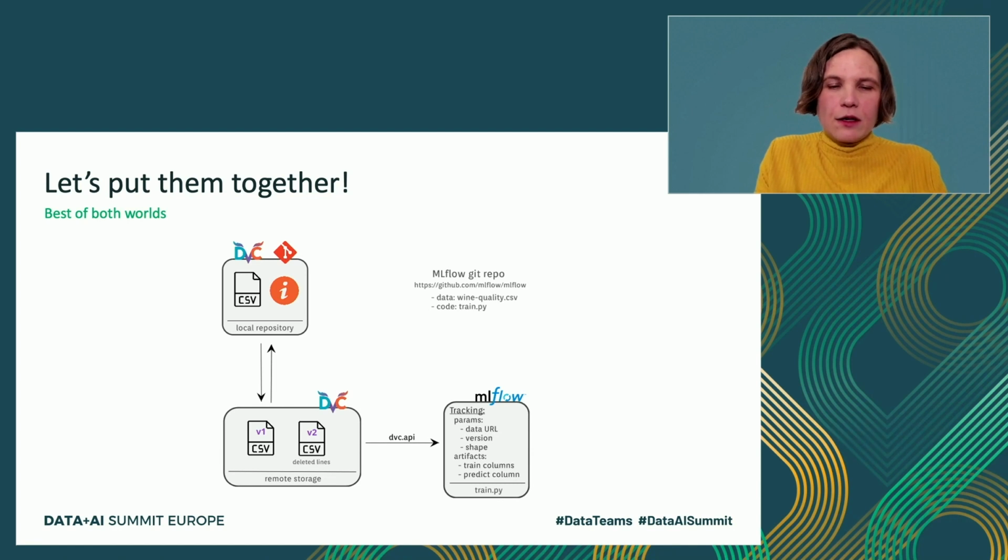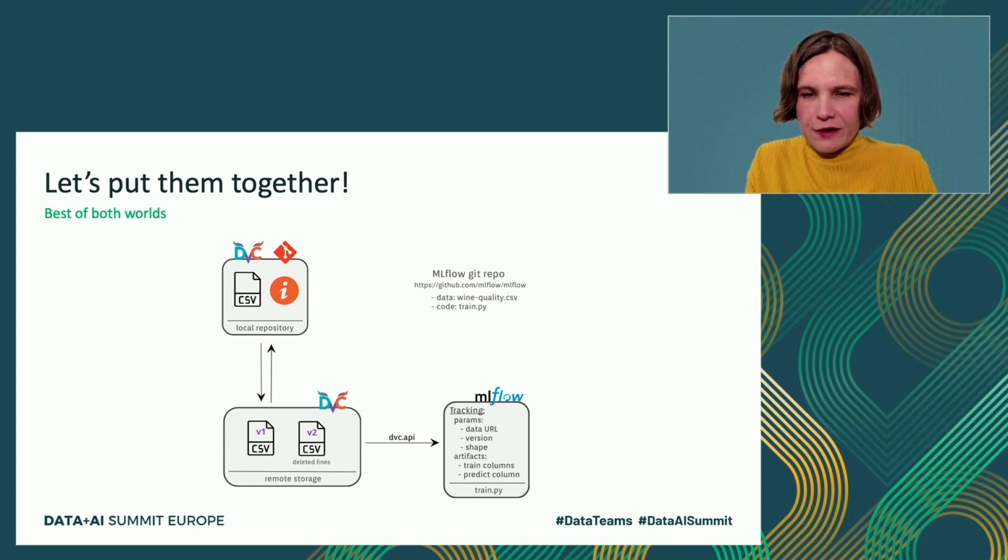Then DVC will track the dataset that we will copy inside. Git will track the information about this dataset that will be produced by DVC. So then we will push the dataset to a remote storage. And if we want to access the exact version of our data with our code, we will use DVC API, and we will track the details about the dataset along with the metrics of our model with MLflow.